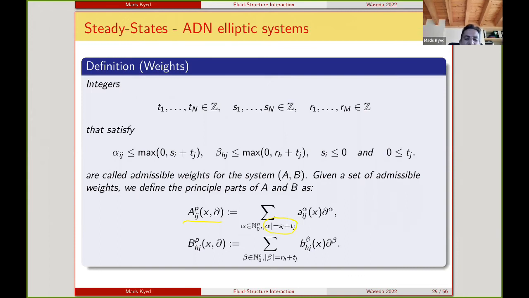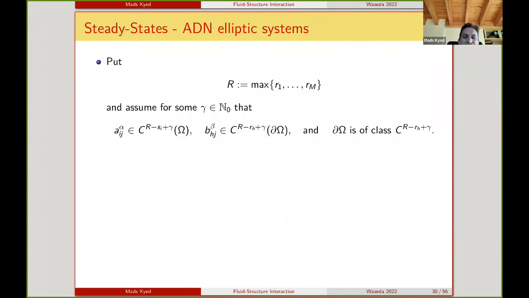So the weights will determine what our, in quotes, highest order derivatives are, or principal, what goes into the principal part. Okay, so that's not really 100% clear when you just see it at the outset.